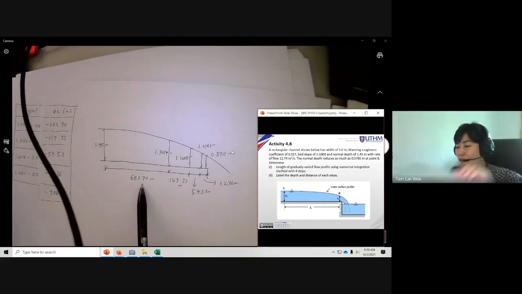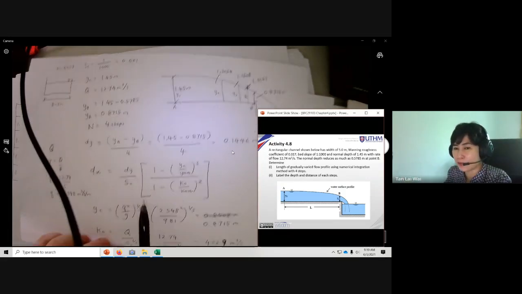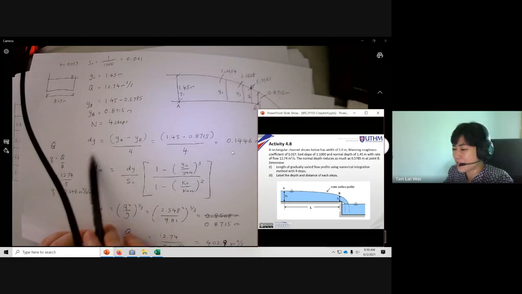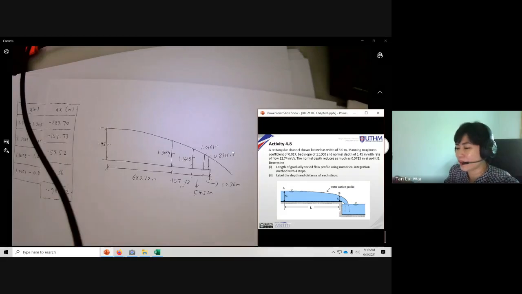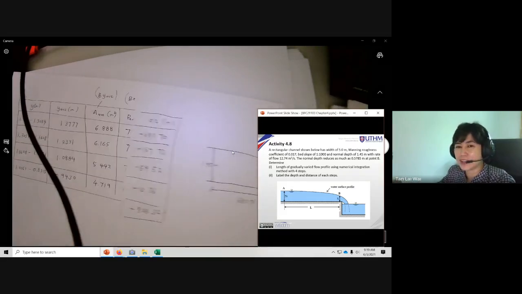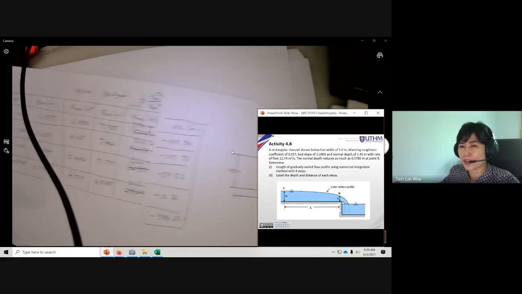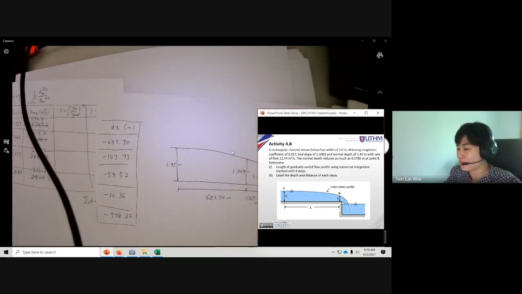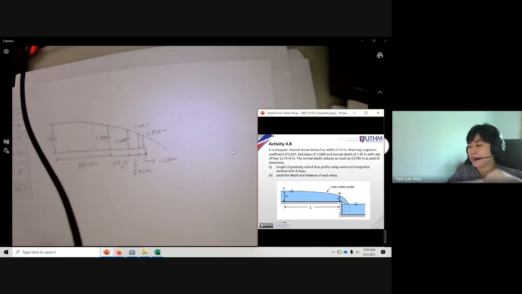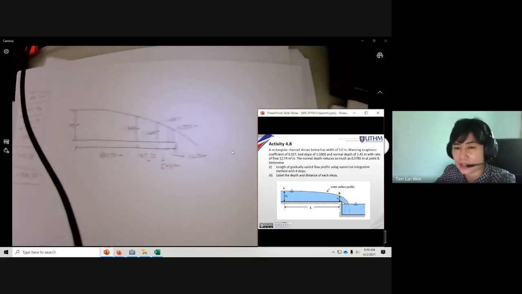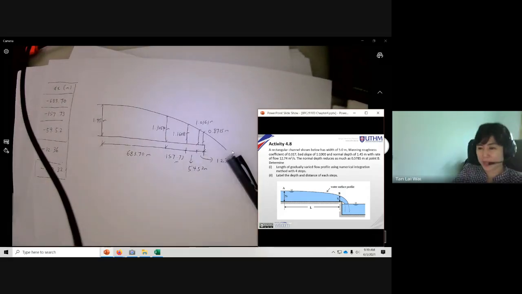Now let's look at our formula. It says dx of that part, which we have already calculated, and we plug in, so we actually get our dx to be 683.7.